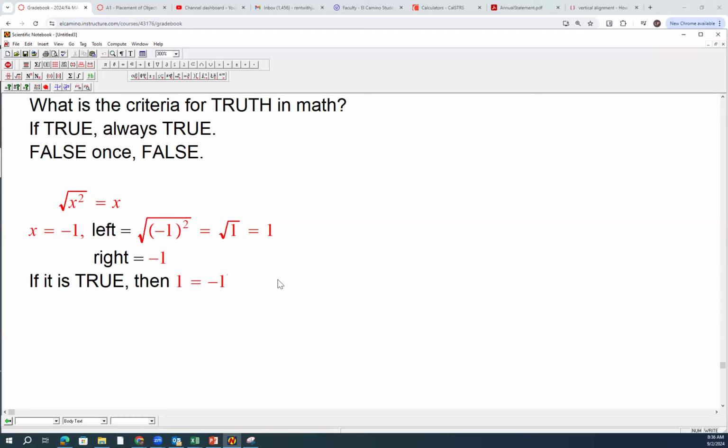So this is false. We have a counterexample at hand. Once we have a counterexample, that means false once, therefore it is false. And at this point, we can say the statement is false.